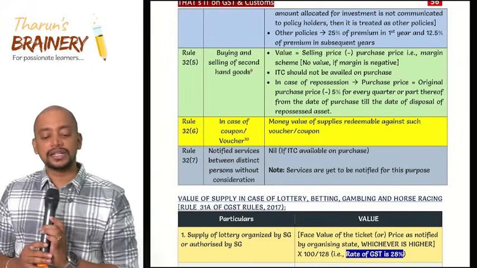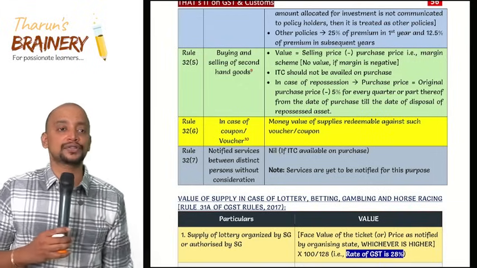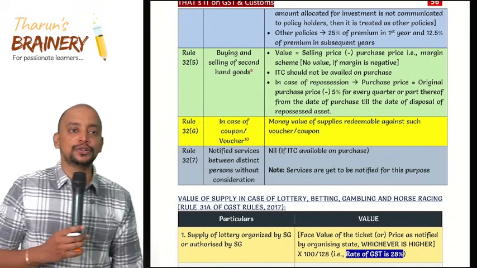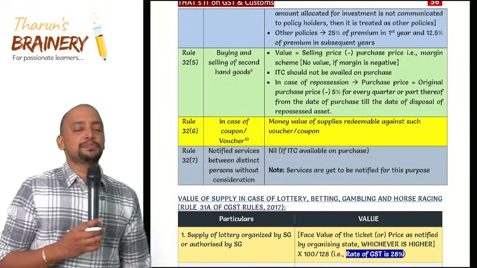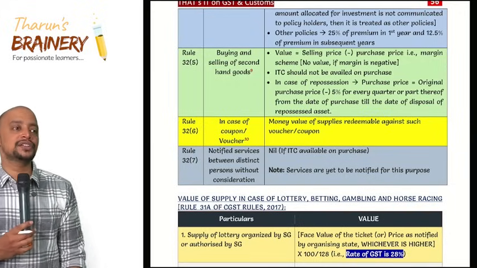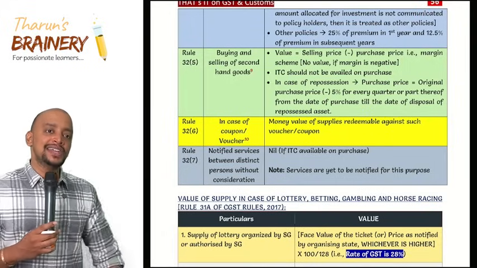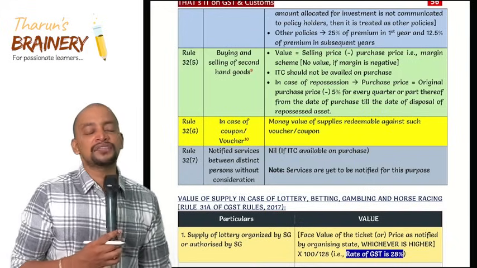Then the same margin scheme is even applicable in the case of repossessed goods which are sold by the financier. Usually the financier will give finance with respect to various goods including vehicles. Say one person is planning to buy a lorry, and for the purchase of that lorry they have taken finance. Now the financier will wait for installments. Suppose the person is not paying the installments, what will the financier do?